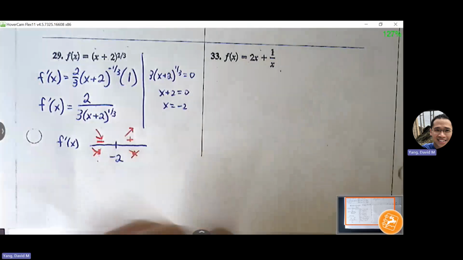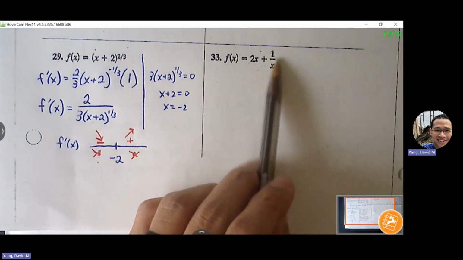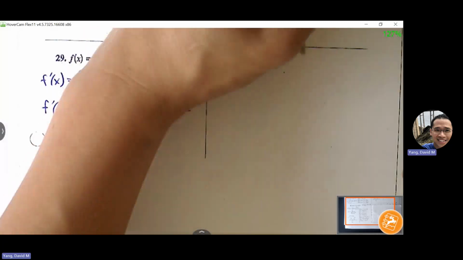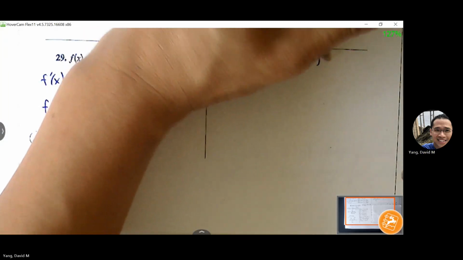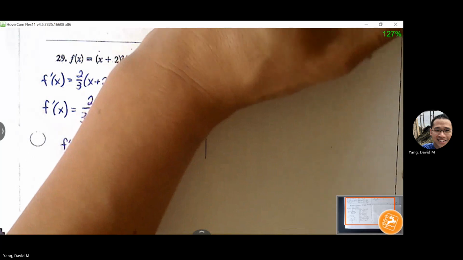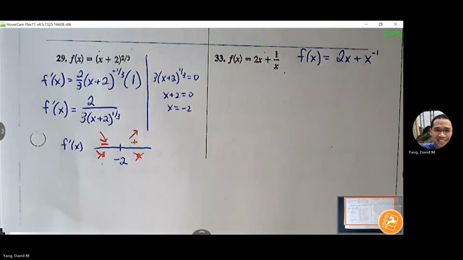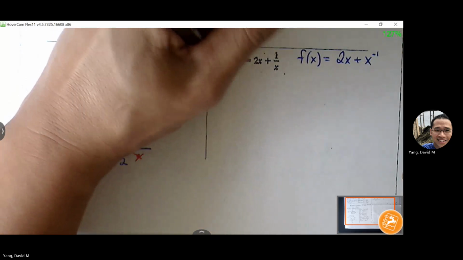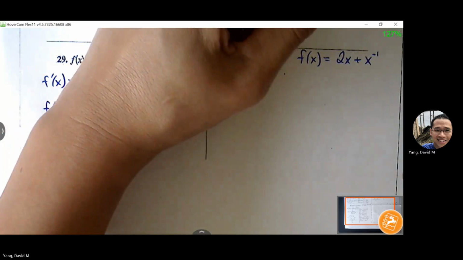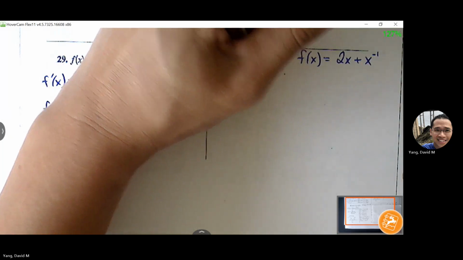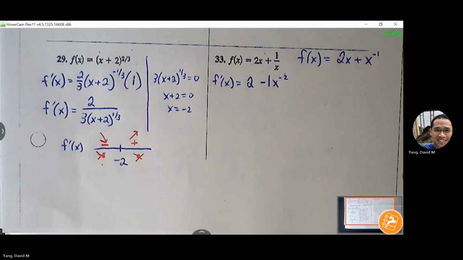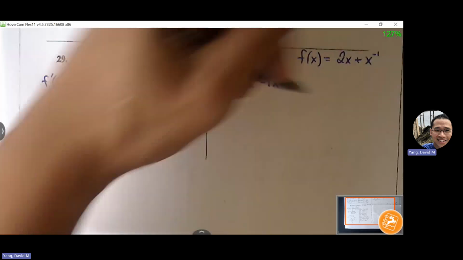Okay, so we want to find the derivative here. I do need to get this moved up so I can get it ready for power rule. So let's clean this up.